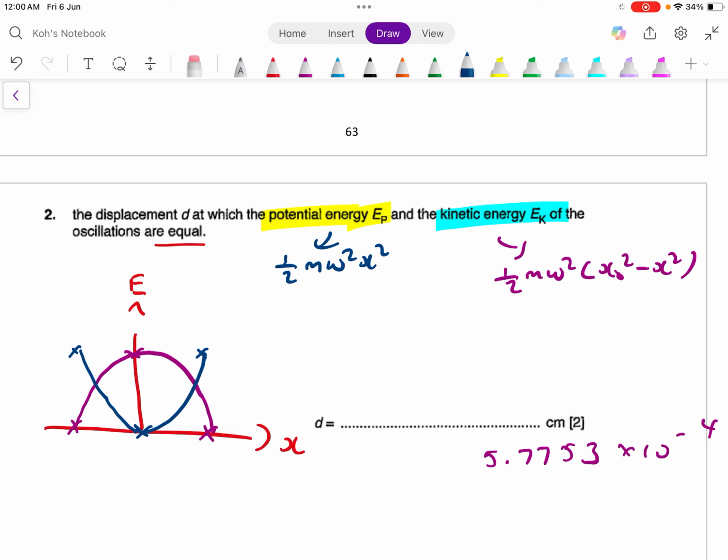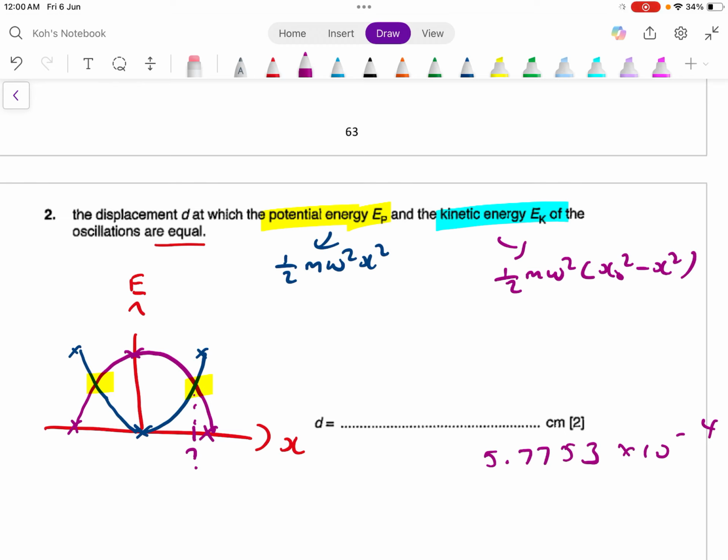Like that. You can see that at two points, the kinetic energy and the potential energy are the same. So they want us to determine the displacement from the equilibrium. How do I do that?